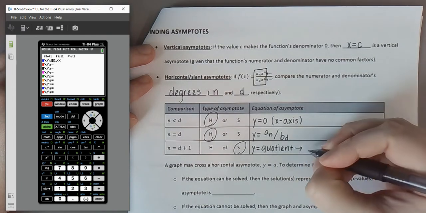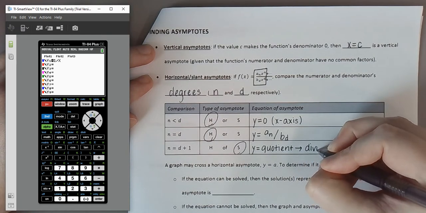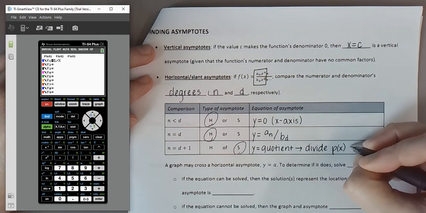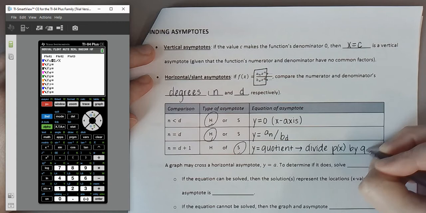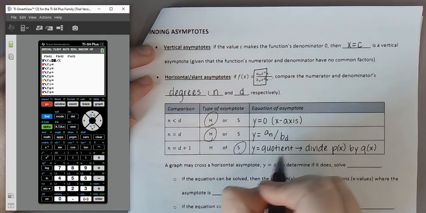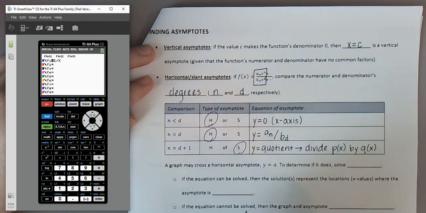So y is equal to the quotient when we divide p of x, our numerator, by q of x. Now when we divide, we are going to get a remainder. We're just going to throw the remainder away.